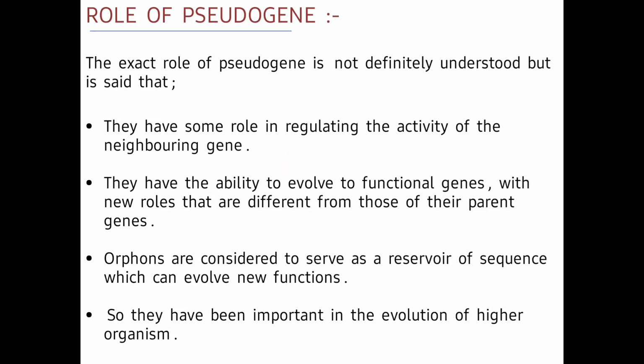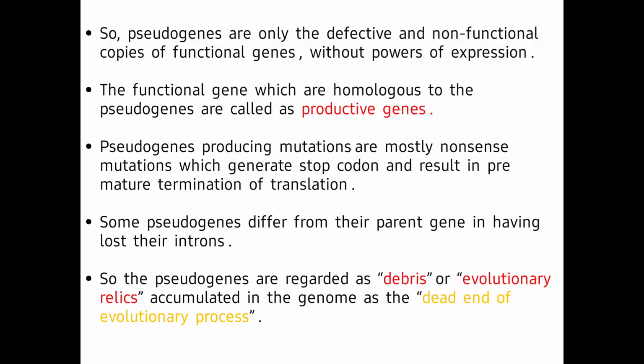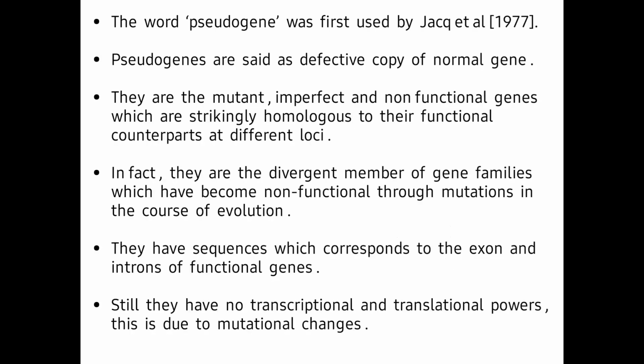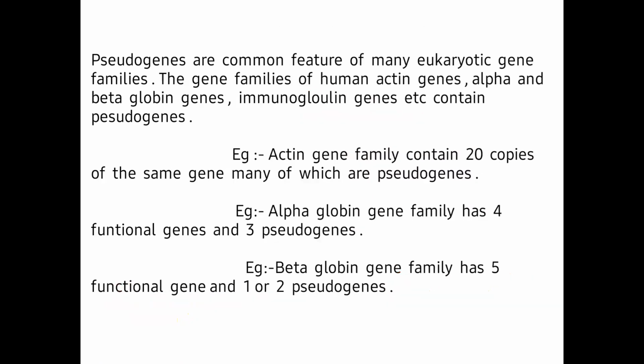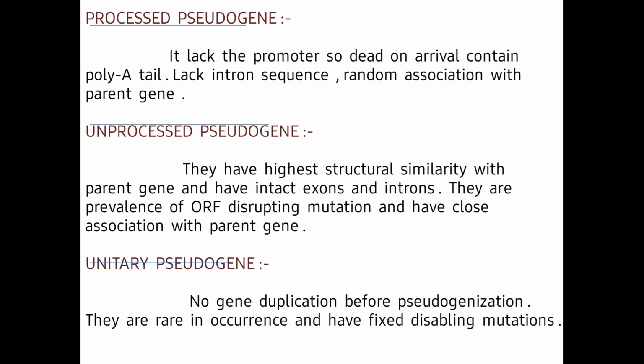So, once again, simply put, pseudogenes are defective copies of our normal genes, non-functional copies due to evolution or mutation. Examples include the actin gene, alpha and beta globin genes, immunoglobulin genes, etc. Then we said there are three types of pseudogenes: processed pseudogenes, unprocessed pseudogenes, and unitary pseudogenes.